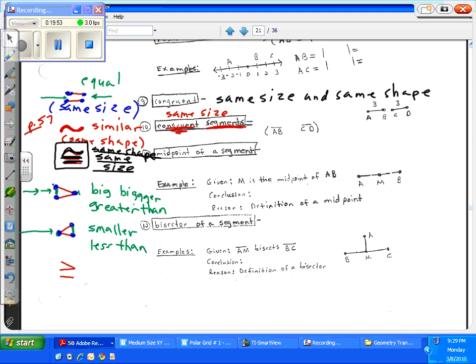So congruent, what would make them the same size would be their length. Remember, we talked about that dimension of length, width, and height. And so what would make segments congruent would be the fact that they have equal lengths.